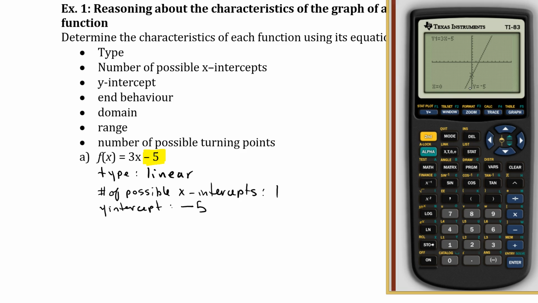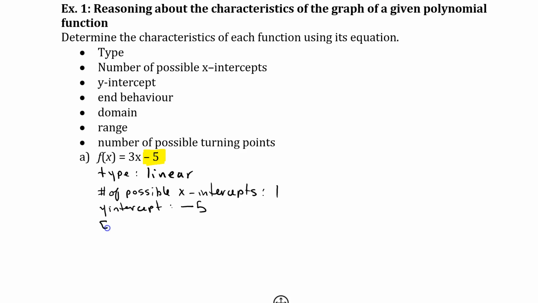Now let's talk about the end behavior. If this is quadrant 1, quadrant 2, quadrant 3, and quadrant 4, we're saying that it's going from quadrant 3 to quadrant 1. I'm just going to simplify it by calling it EB: quadrant 3 to quadrant 1.